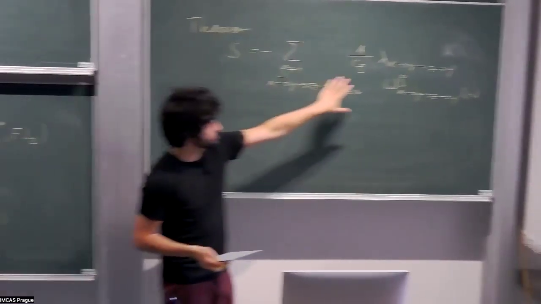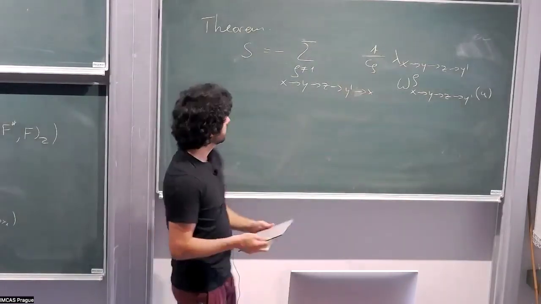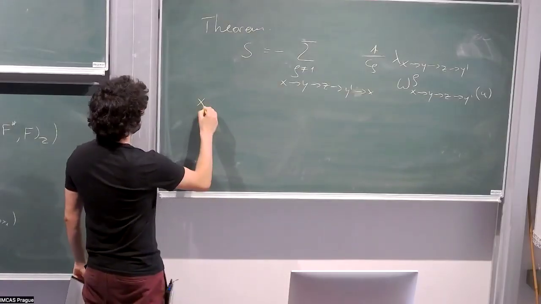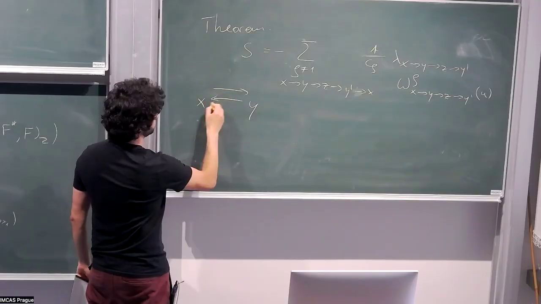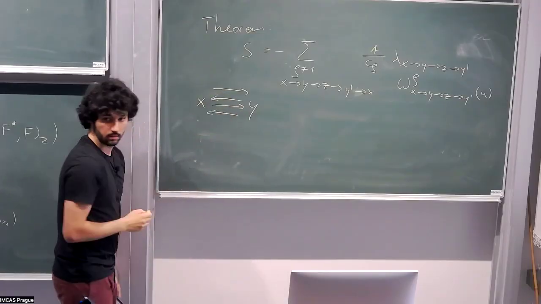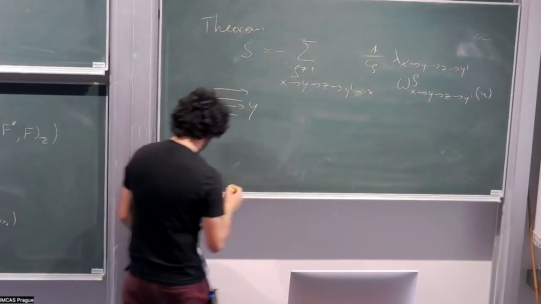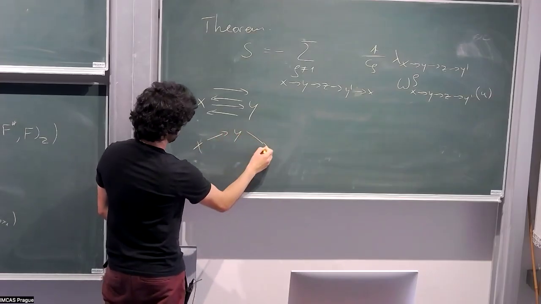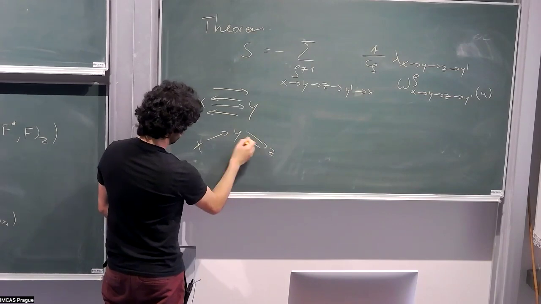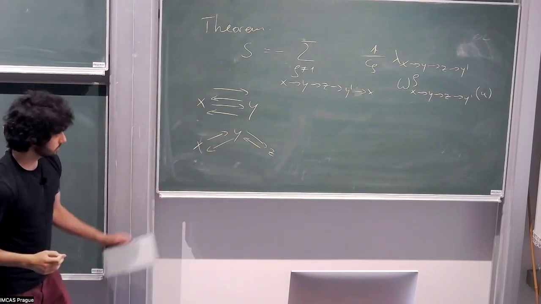What this means is that we have a lot of loops appearing in this action. And examples of these are just X and Y. So we could have loops that just go back and forth. This is fine. We can have loops that just look like this. So this would be the case of trivial loops.